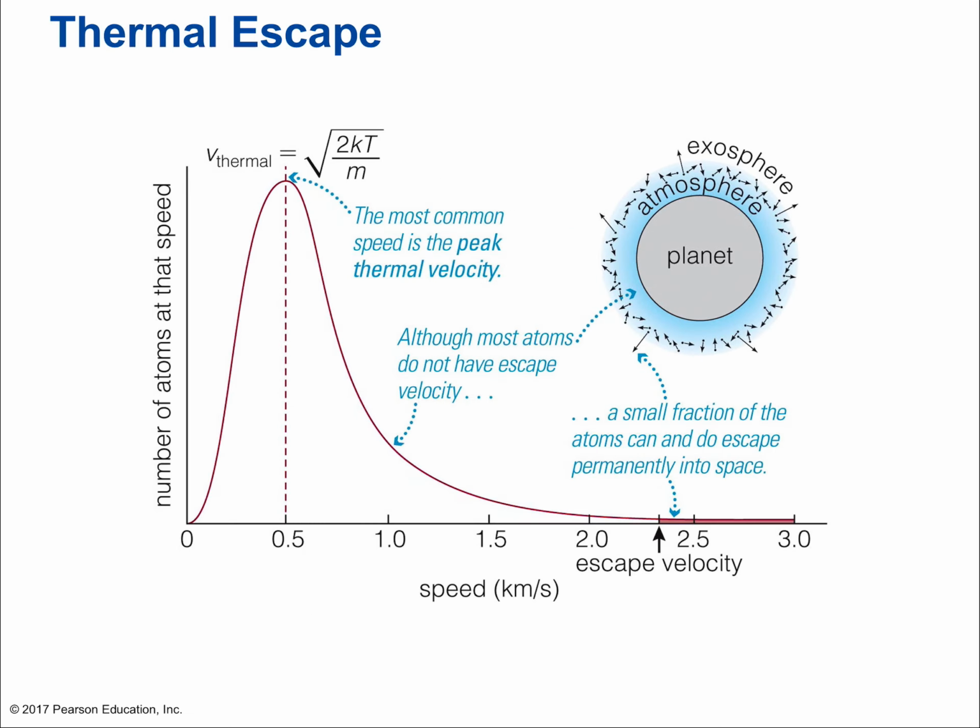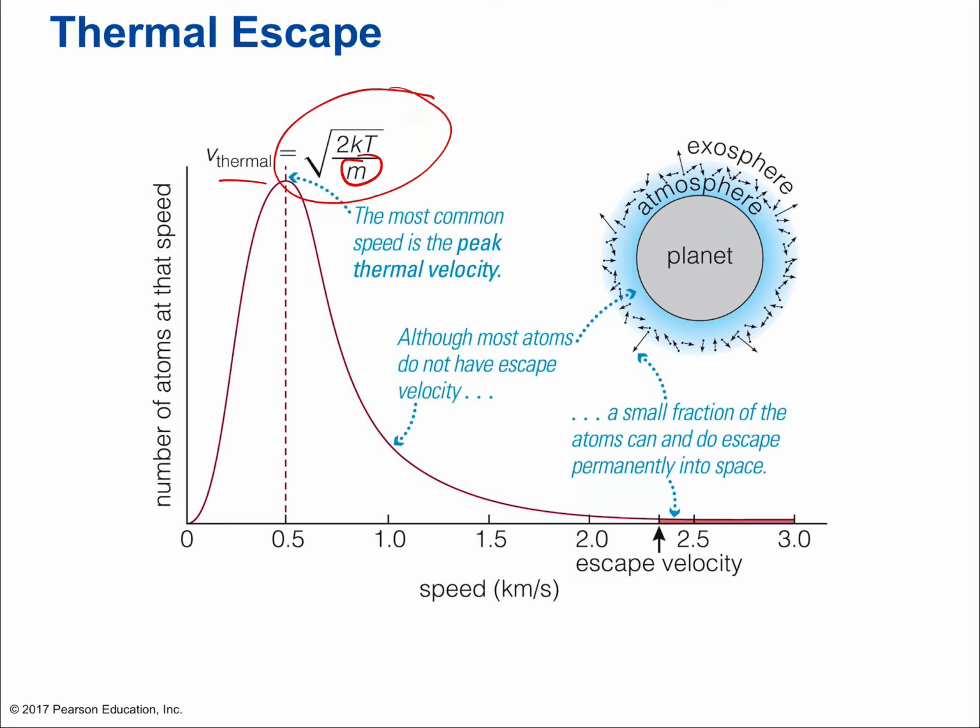Okay, so thermal escape has this formula right here. This is the velocity necessary for a molecule to escape. k is a constant, T is the temperature that molecule is at, and m is the mass. So this tells us that lower mass molecules are going to have higher thermal velocities, and thus they're going to be able to escape more easily.